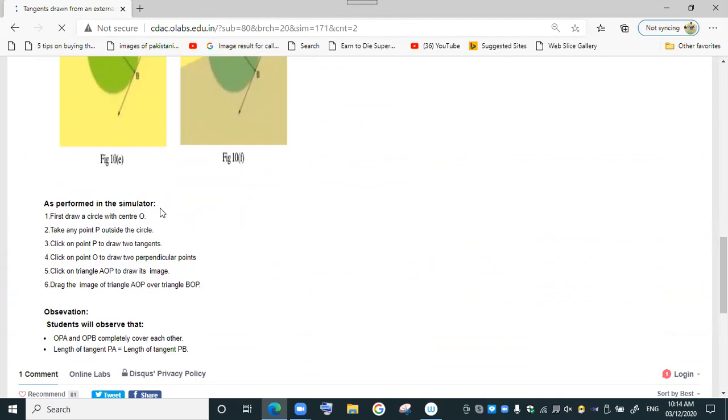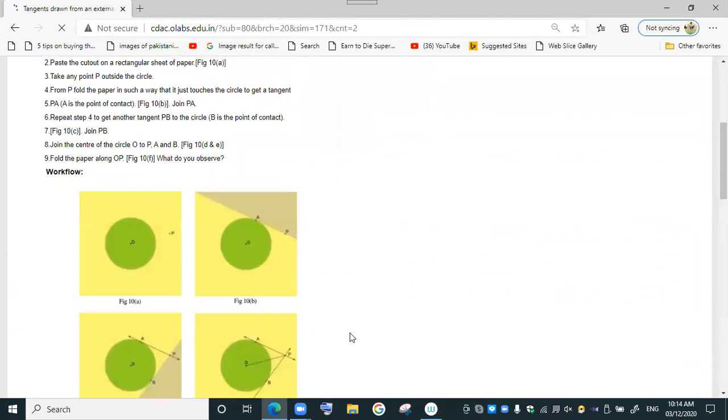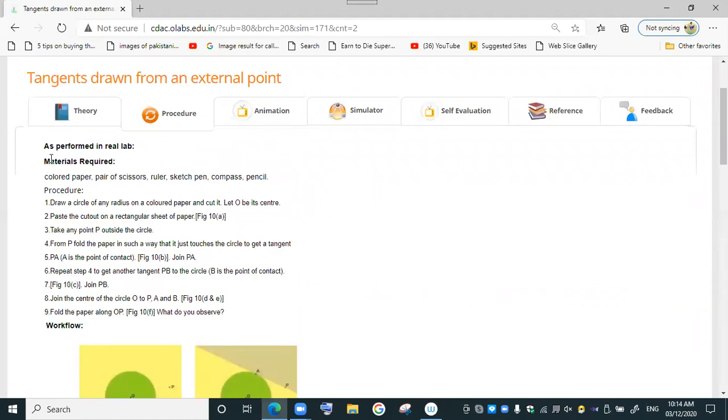One is performed in the simulator that we will do. Another is performed as a real lab. As we don't need the lab for mathematics practical, the same thing you can do at home. Required: colored paper, scissors, ruler, sketch pen. You will follow this procedure.